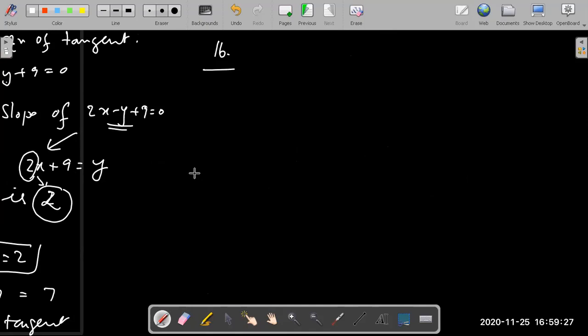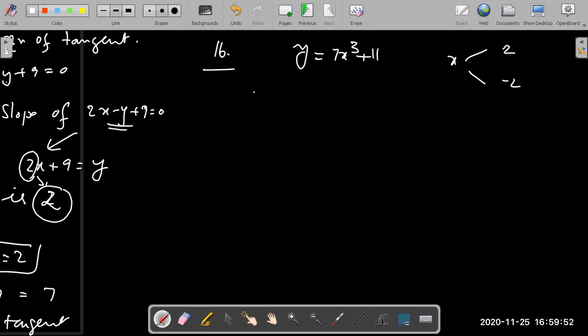Show that the tangents to the curve y is equal to 7x cubed plus 11 at points where x equal to 2 and x equal to minus 2 are parallel. So we have y is equal to 7x cubed plus 11, and he has given 2 points, x equal to 2 and x equal to minus 2.